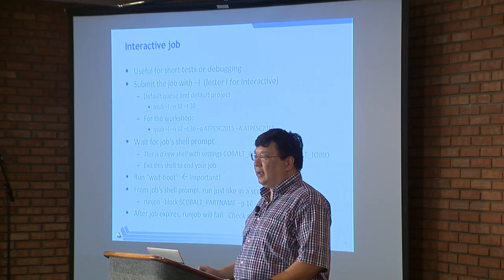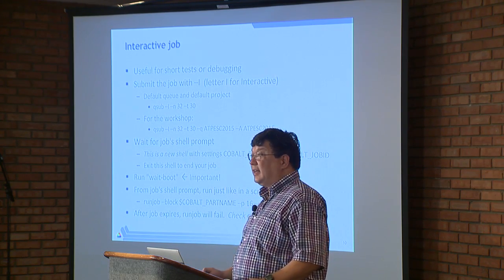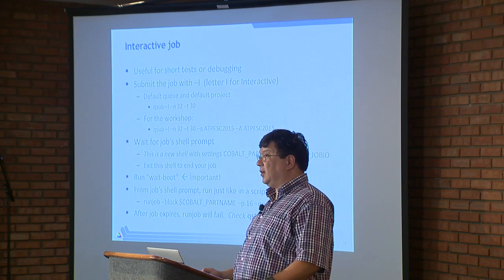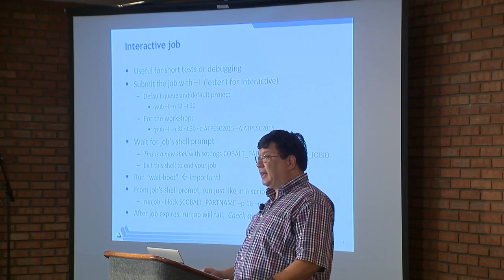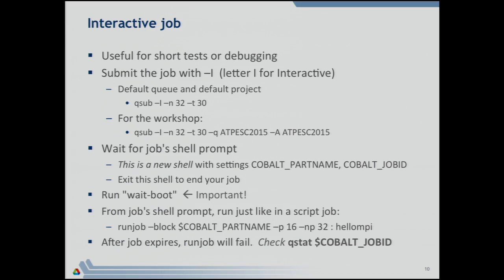While you're setting stuff up and trying to figure things out, you might want to run a bunch of quick short tests in succession. There is actually a way to run an interactive job. It's very similar to the way that the PBS queuing system does it: you submit a job saying -I for interactive. I apologize for the typeface.